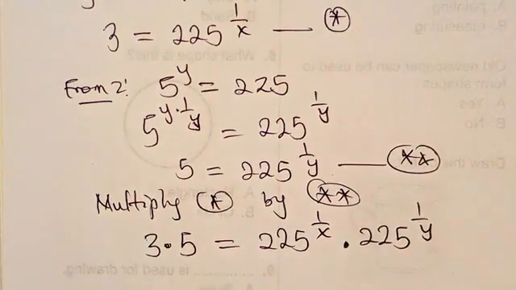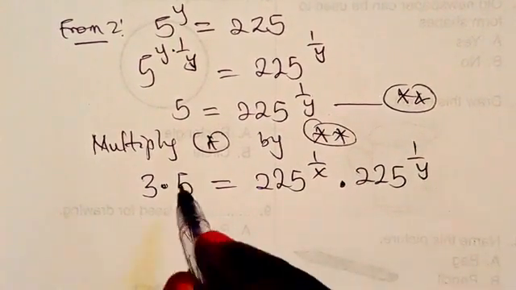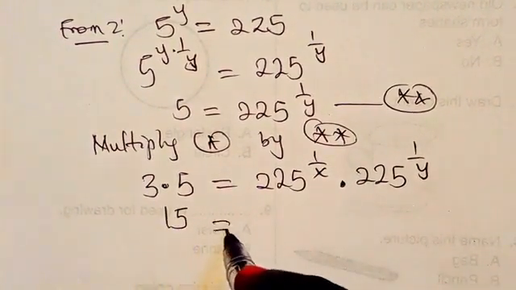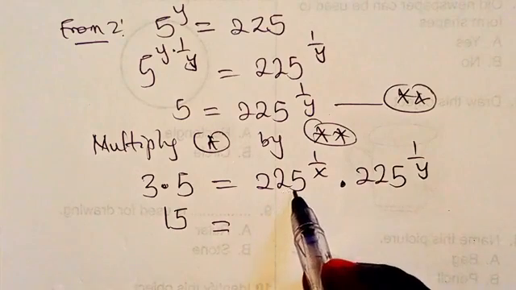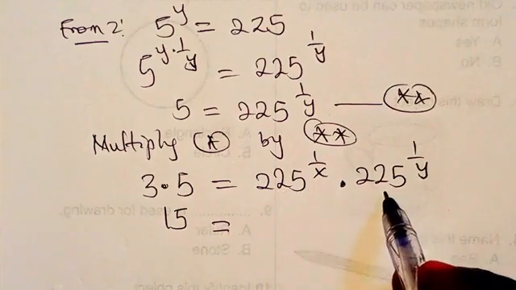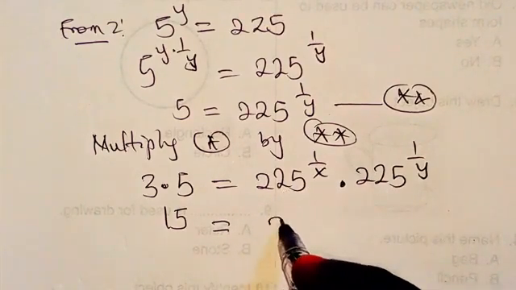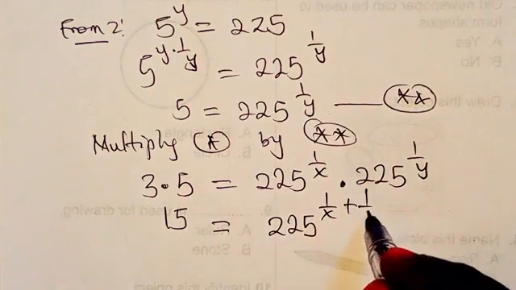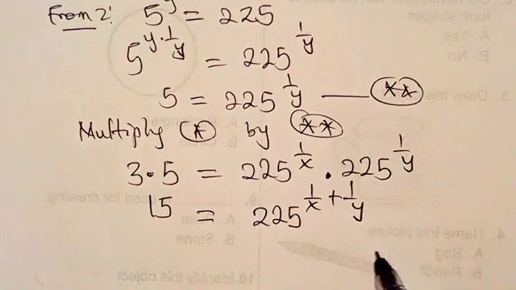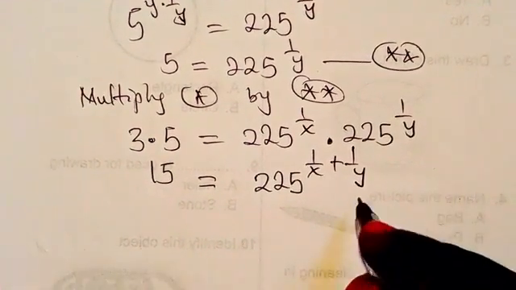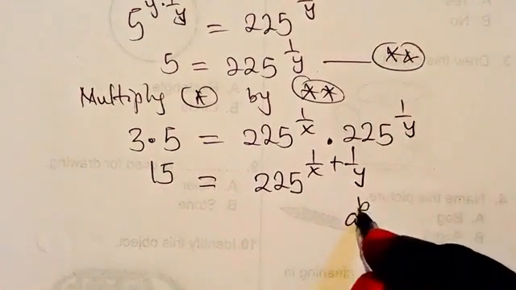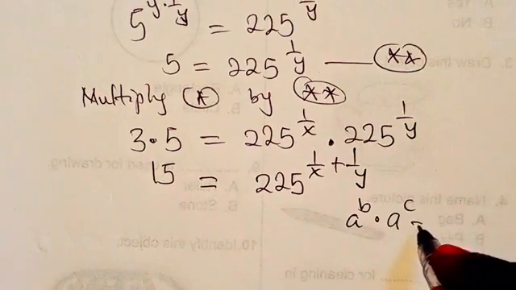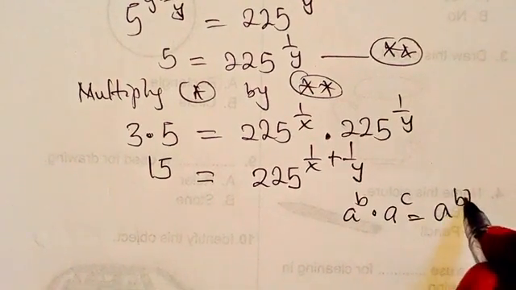We move further. 3 times 5 is 15, which equals 225 with the same base, so we take the exponent 1 over x plus 1 over y. That is from the law of indices, which states that a to the power b multiplied by a to the power c gives a to the power b plus c.